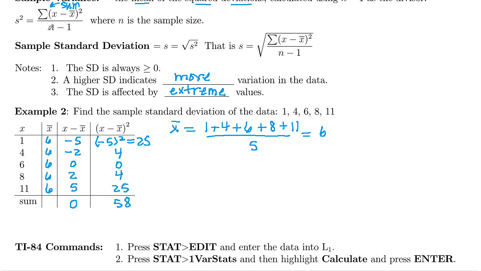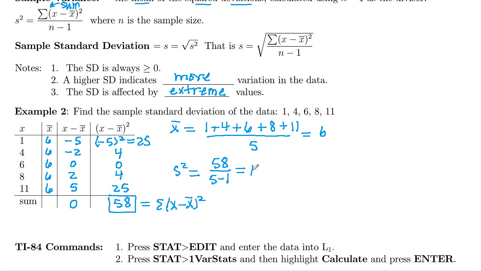So now let's go ahead and form our variance. Our s squared is the sum of x minus x bar squared. That's the 58, the sum of the x minus x bar squared column. So that's our numerator. And then we are dividing by n minus 1. We've got 5 data values here, so we're dividing by 5 minus 1, 4.